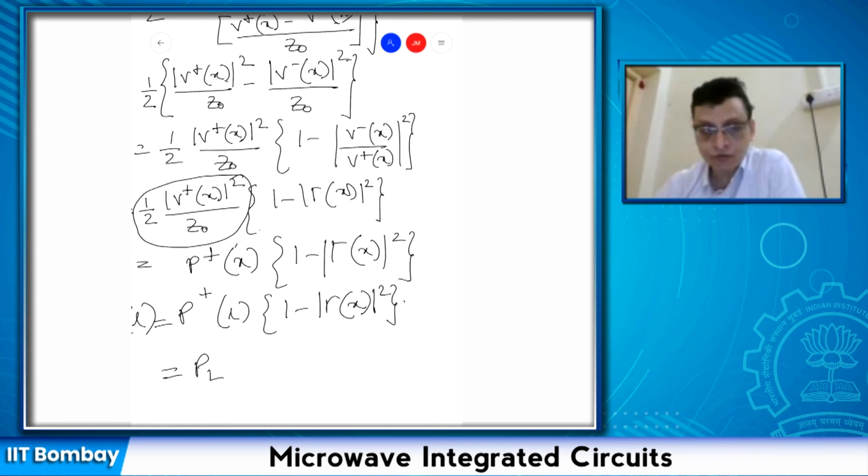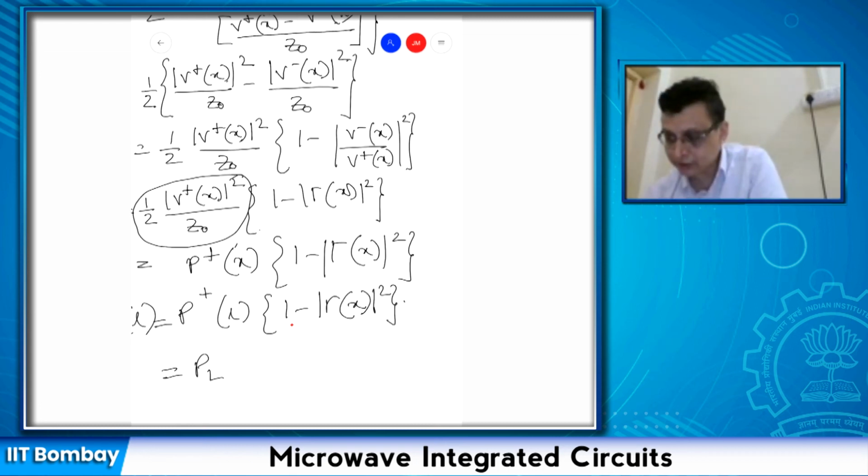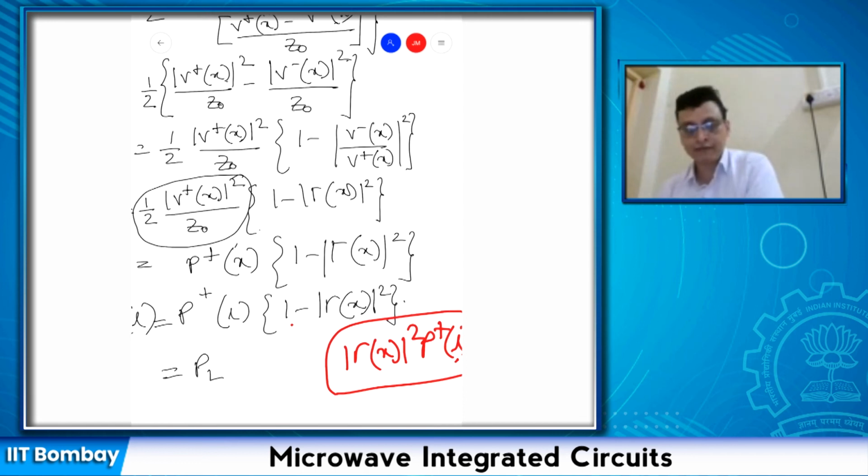One, the power flowing in the positive x direction, and from this, the power flowing in the negative x direction, which is represented by this quantity, because this is equal to P minus of L.